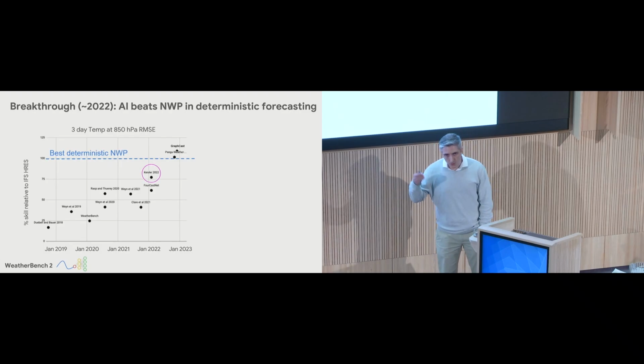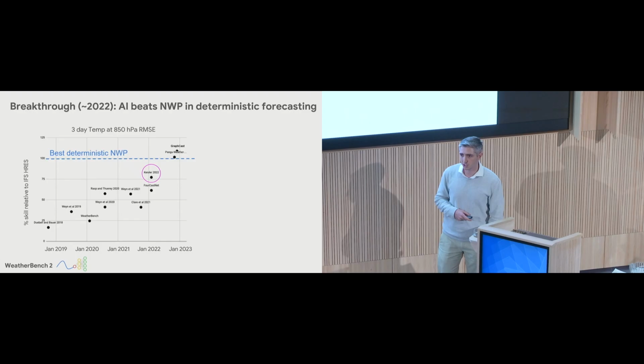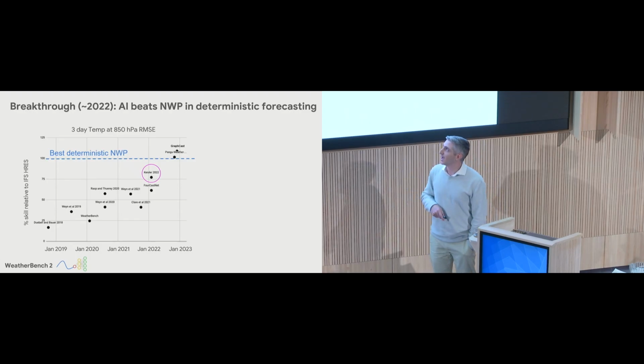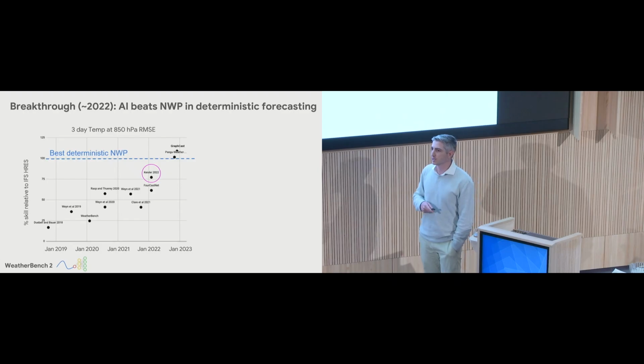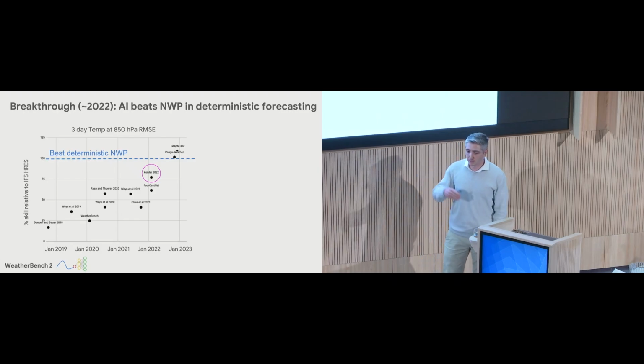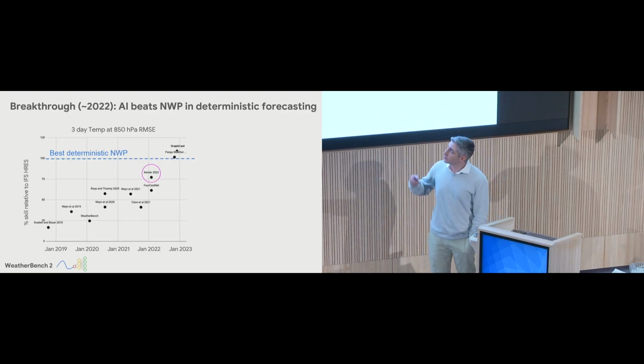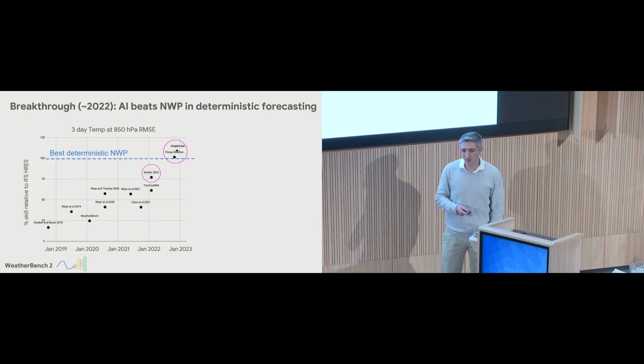And then the breakthrough happened in 2022, first with a paper by Ryan Keisler, who's actually a solo researcher. A very impressive piece of work that didn't start beating the physics-based models but achieved a big step up in accuracy. It turns out that at the same time there were already at least two groups working on this problem, and by the end of the year we had two more models published, Pangu-Weather and GraphCast, which was by our team at DeepMind.